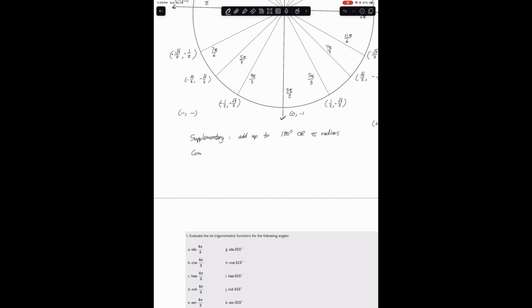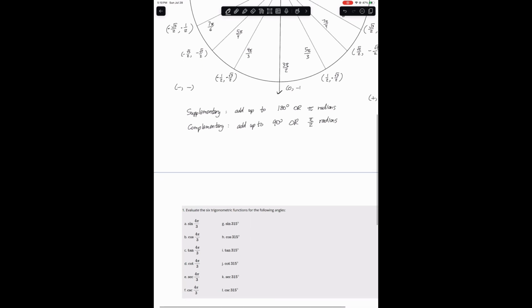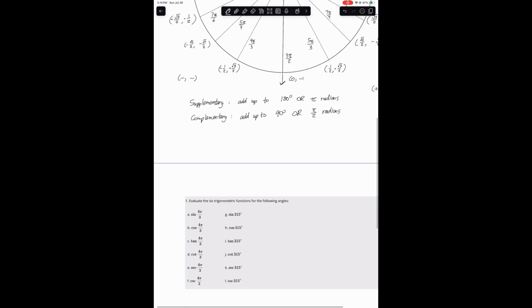Complementary angles add up to just 90 degrees or pi over 2 radians. And remember the unit conversion between radians and degrees, right? If you have degrees, you'll multiply by pi over 180 to get your radians. And to convert radians to degrees, you do radians times 180 over pi, and you get degrees. Very simple.